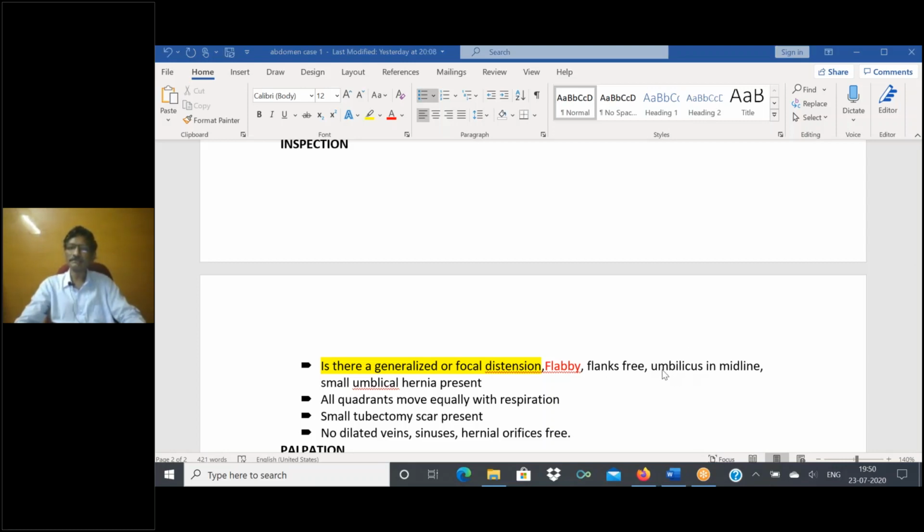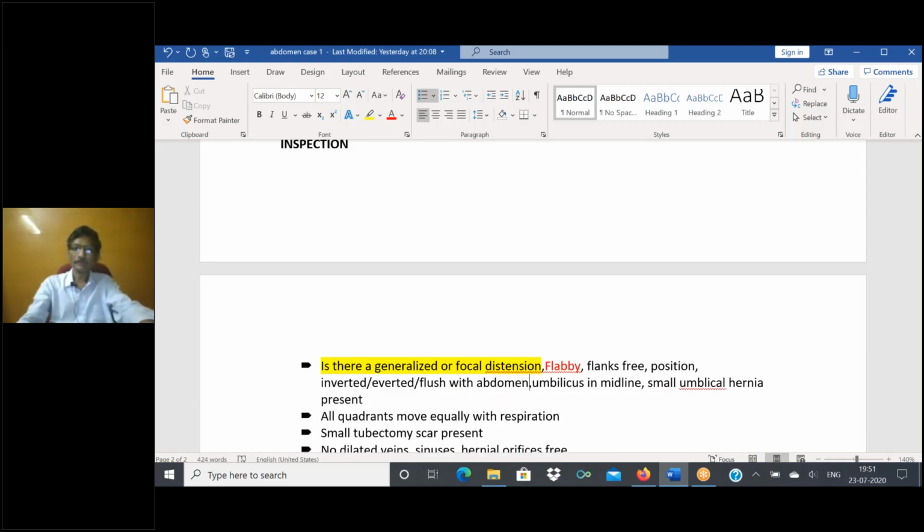Now coming to umbilicus. So umbilicus, you need to elaborate the position of the umbilicus. Is it inverted, everted, or flush with the abdomen? Is the umbilicus stretched?